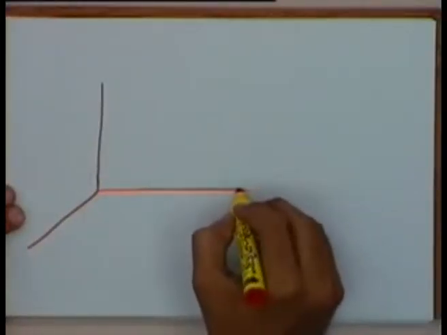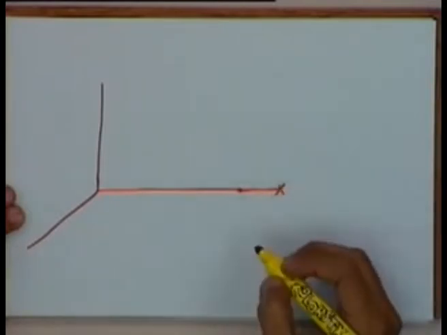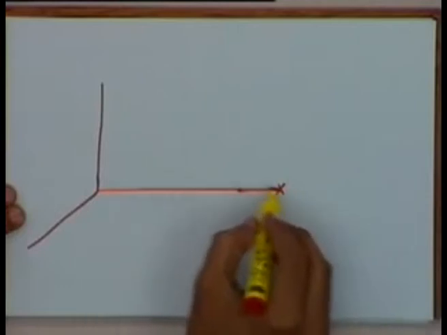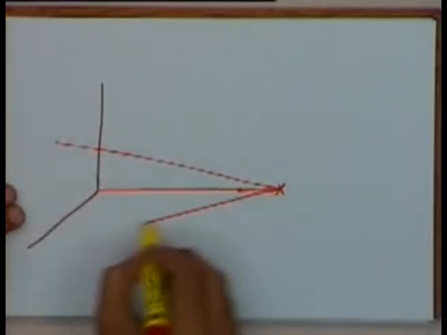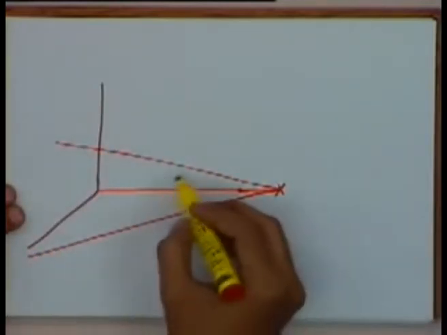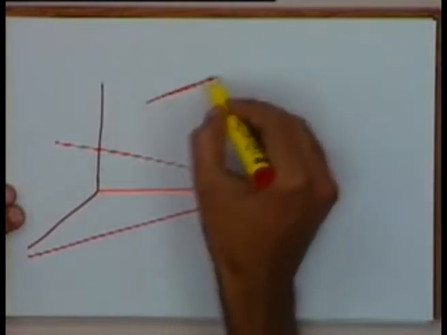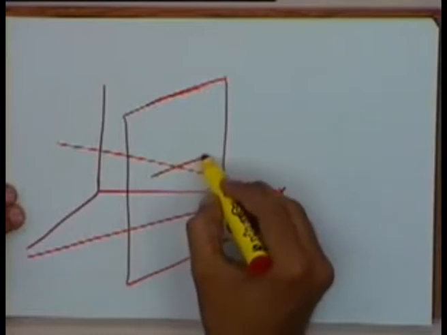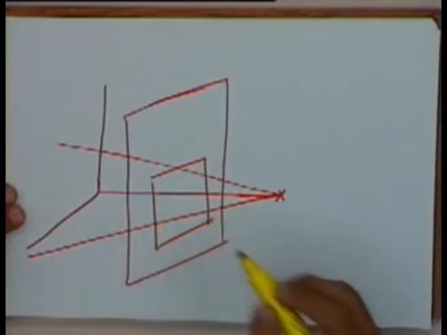Let us say we are looking at the world coordinate system from this point in a perspective transformation, in a perspective view. Our view is somewhat like this, and we define that on this projecting plane only a finite portion of it we are going to see.